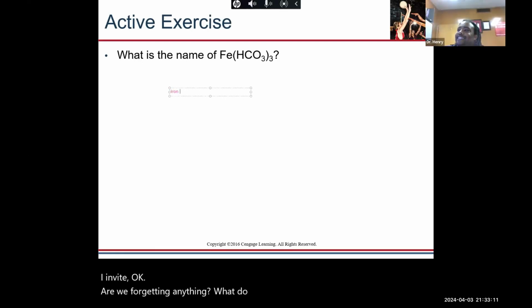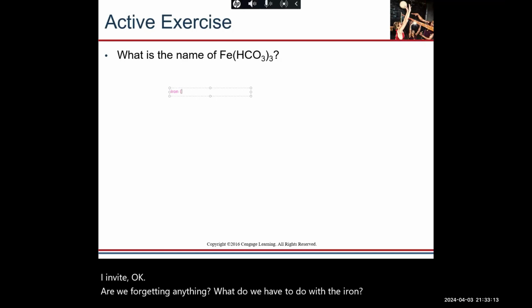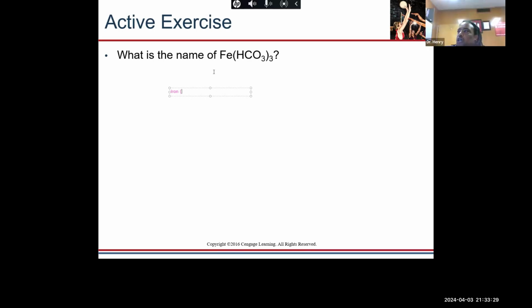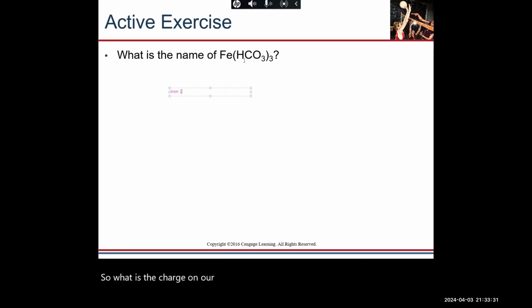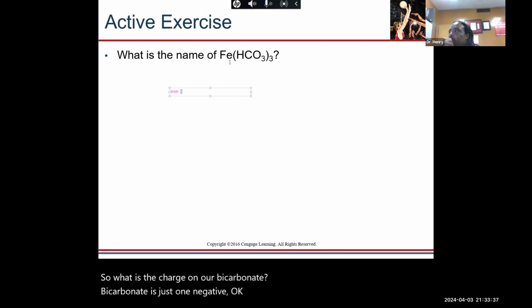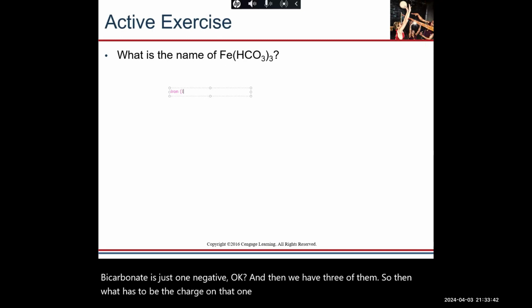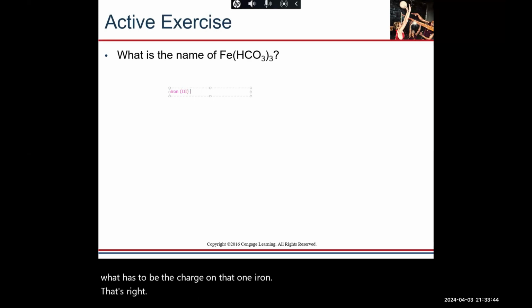The Roman numerals. You check the table. So what is the charge on our bicarbonate? Bicarbonate, it's just one negative. And then we have three of them. So what has to be the charge on that one iron? A 3. So iron(III) bicarbonate.